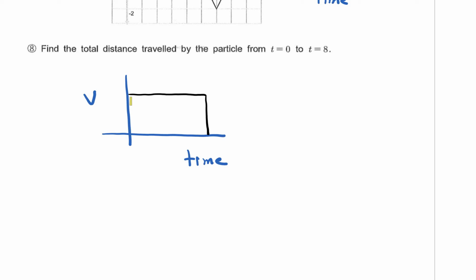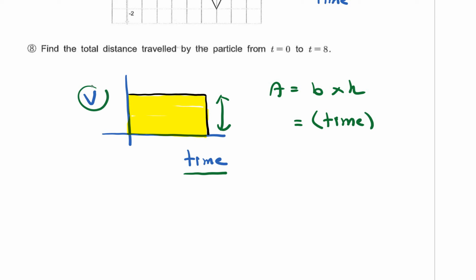And maybe I'll ask you, what does the area underneath the graph represent? Well, it's just a rectangle, so the area would be just base times the height. And what's the base? Well, the base is time, right? So the base is time, and what's the height? Well, the height is just your velocity, right?